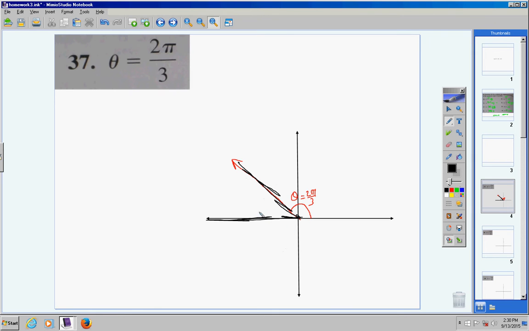So that angle right there, we're going to call that theta prime, the reference angle. Well, if from here to here is 2/3 of a pi, then I'm left over with here 1/3 of a pi. Or in other words, 1/3 of a pi is the same thing as pi over 3. So from here to here is 2 pi over 3. From here to here, this reference angle is pi over 3. So the answer is pi over 3.